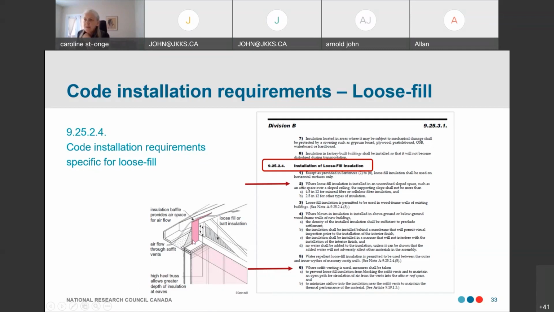So you need a baffle like this showing in pink to avoid the loose fill moving out of its location and blocking the soffit. So you want to ensure that the airflow is continuous here. And also you want to make sure that any air movement will not disturb the insulation, because you want to maintain the thermal resistance property.